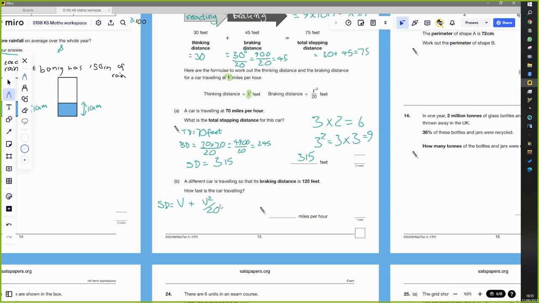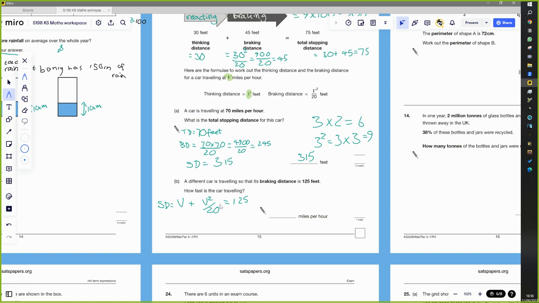Okay, so we could say, in this case, the total amount is 125 feet. So v plus v squared over 20 is 125 feet. I'll just put 125. We'll forget about the units for the moment. Okay, what can we do next? Well, this is quite tricky actually, but let's see if we can work it out.